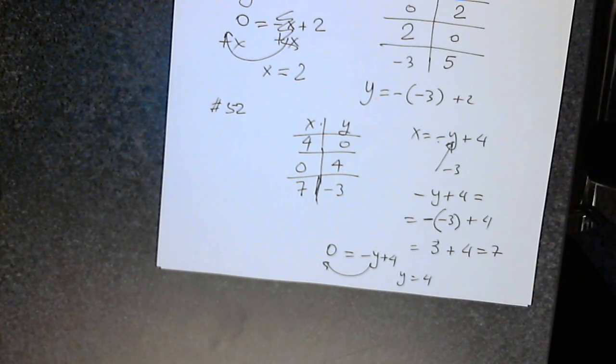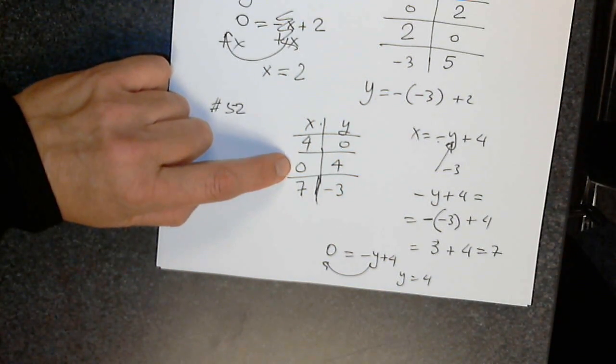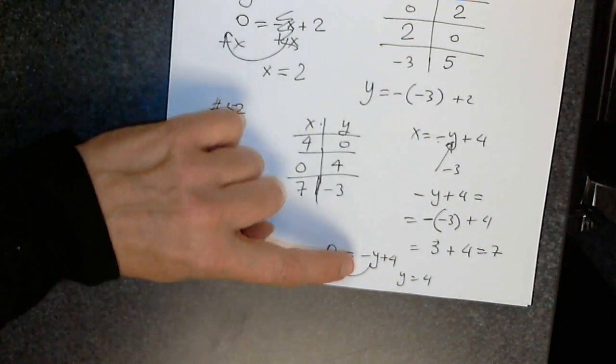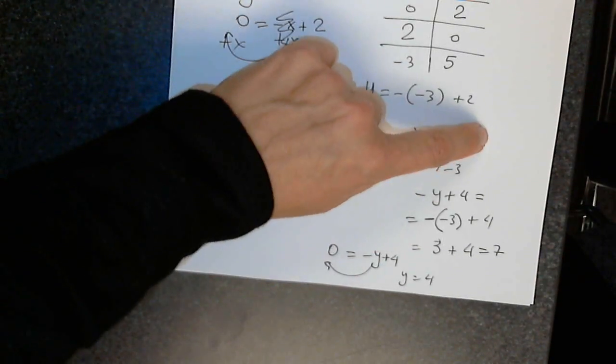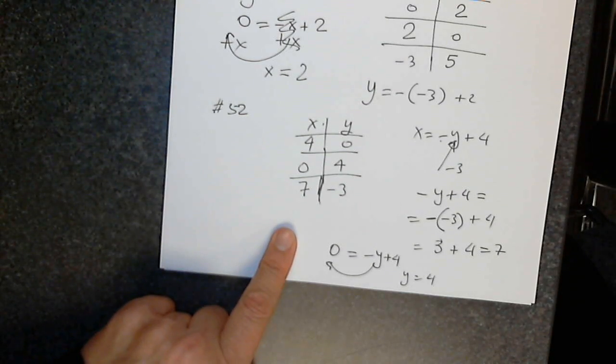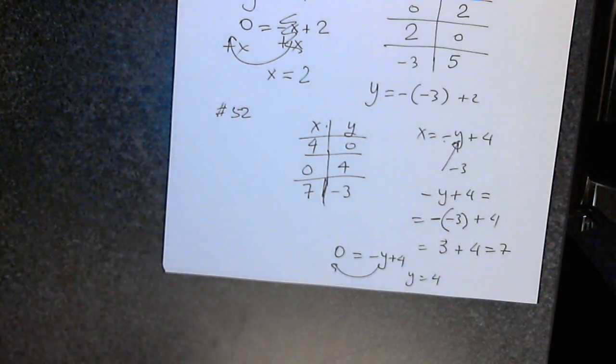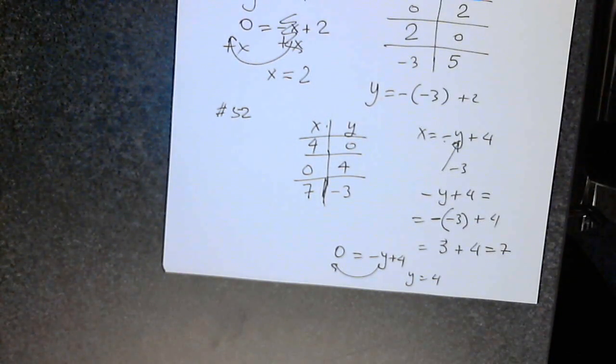So I am told that X is 0. 0 equals -Y plus 4. -Y is moved to the other side, it becomes +Y. Y equals 4. Or you add Y to both sides. It's up to you.